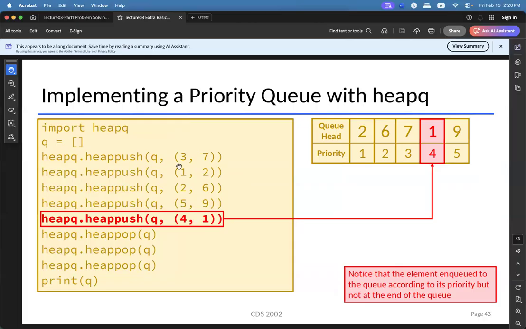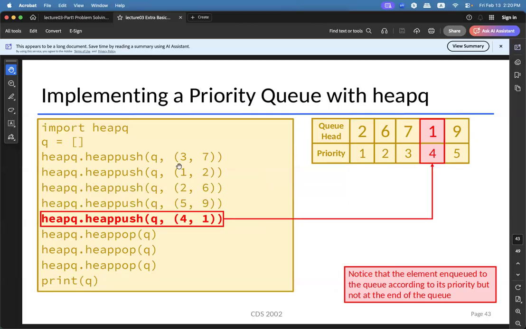So if you want to prioritize smaller values, then this will just work out of the box. Lower priority value means higher priority. That is, if you put 1 here, then 1 will have higher priority over 5. The smaller the value, the higher the priority is.